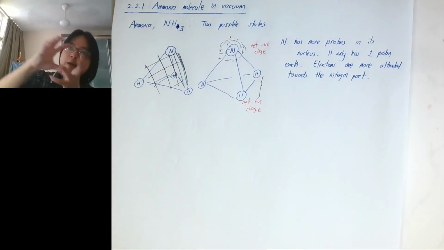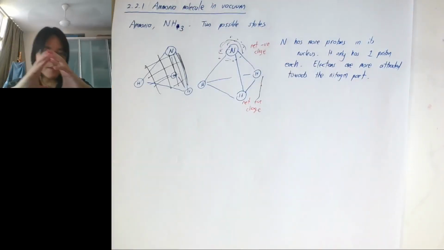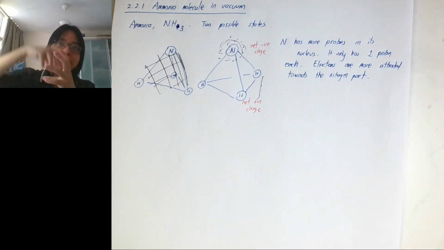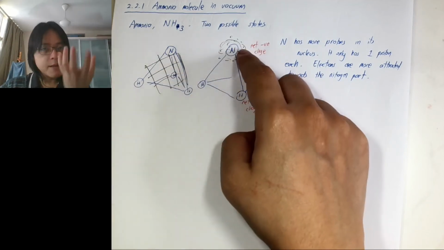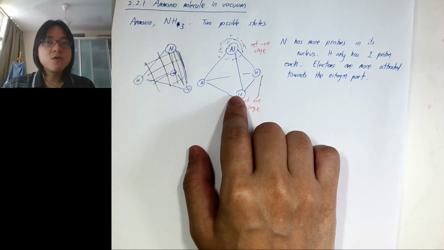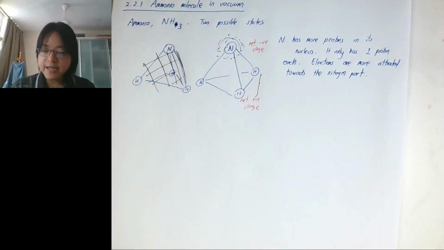The molecule itself is neutral overall, but if you zoom in, most of the negative charges are near the nitrogen part, and most of the positive charges are due to the hydrogen part downstairs. That creates a dipole moment. So this creates an electric dipole.